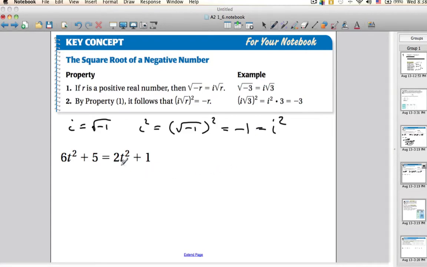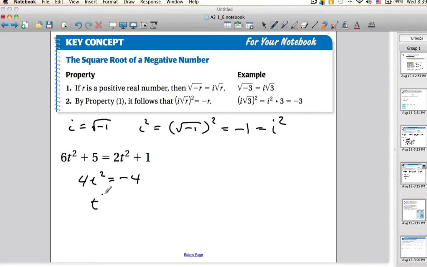So in practice in a problem, if I start to simplify this, I'll subtract 2t squared, so I'll get 4t squared, and I see that I don't have any middle terms, so I'm just going to put my constants on the other side by subtracting 5. So I subtracted 2t squared from either side, and I subtracted 5 from either side, and this is what I have.